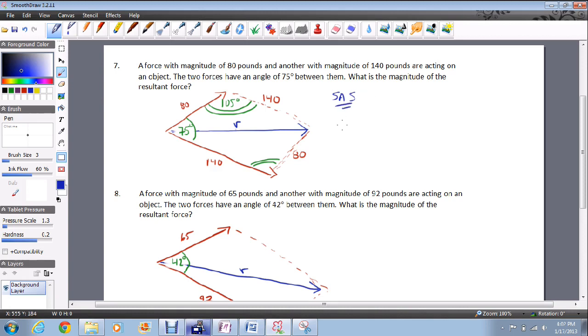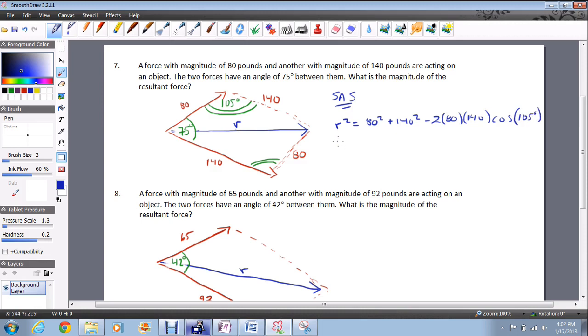So anyways, I'm going to write R squared is equal to 80 squared plus 140 squared minus 2 times those values and then the cosine of the angle that both of those sides touch, which is 105 degrees.